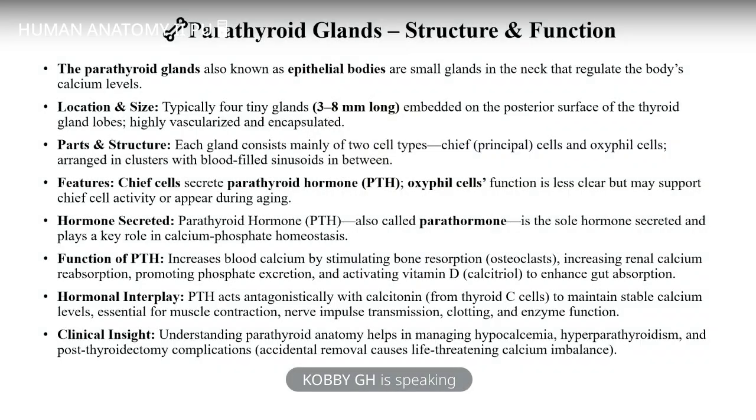So if the thyroid gland is overworking and the patient has hyperthyroidism, the body will be producing more of the T3, more of the T4.